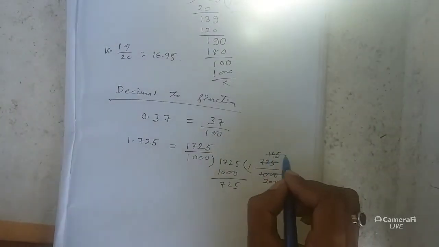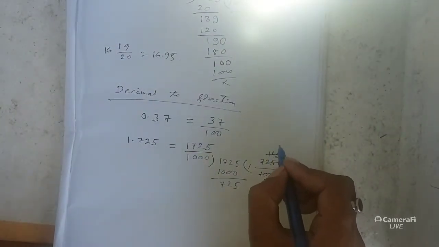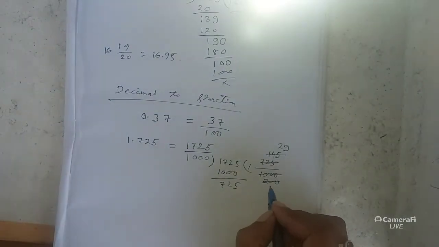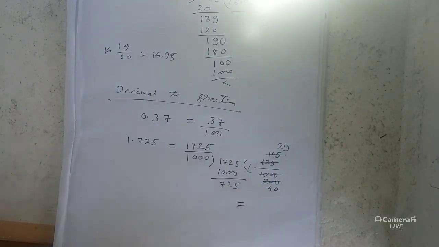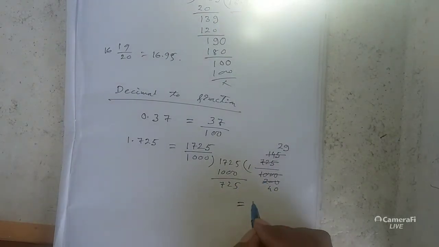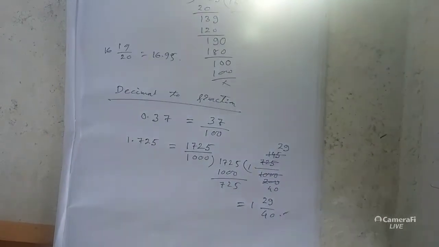Again it can be divided by 5. 5 times 29 is 145, 5 times 40 is 200. So in simplified form the fraction becomes 1 whole 29 by 40. This becomes the fractional number.